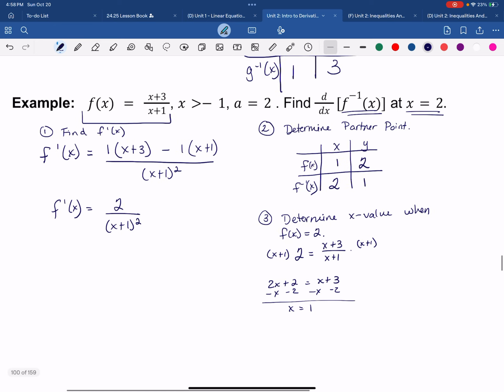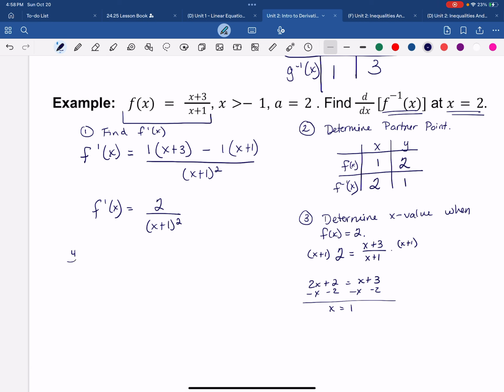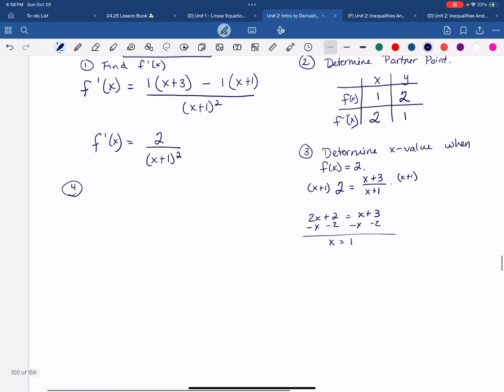So now my last step, well actually 2 last steps, I'm going to find f prime of 1, because that's the value that I want to evaluate my derivative at. So f prime of 1 equals 2 over 1 plus 1 all squared, which is 2 over 4, which is 1/2.